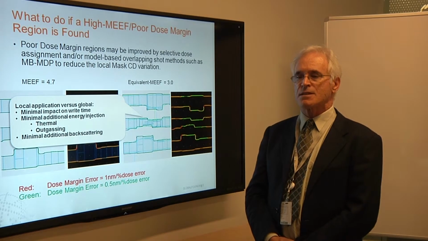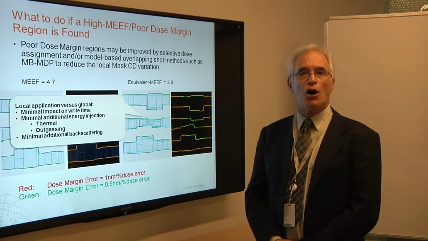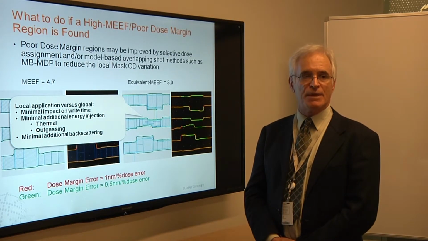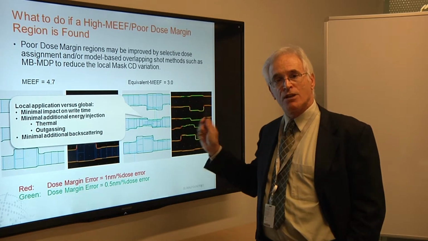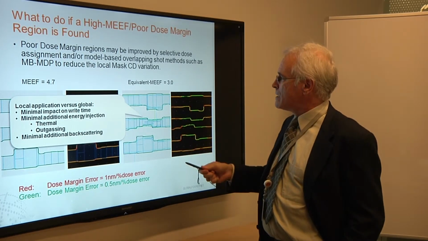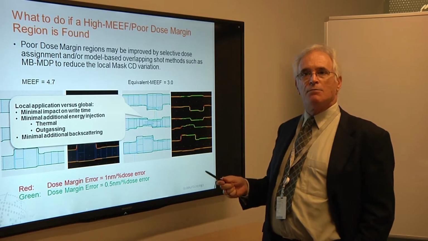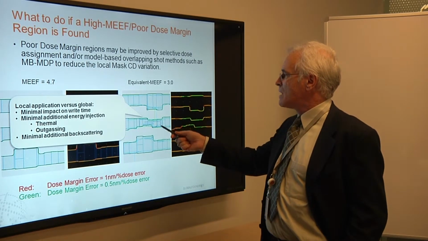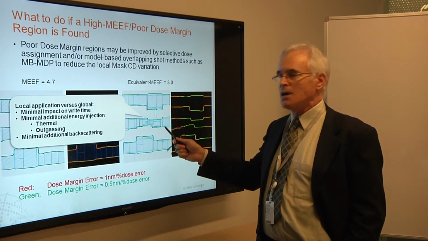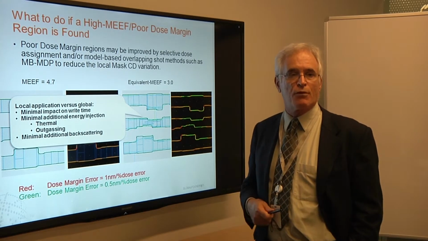The industry is determining exactly how that should be implemented, but this is one manner where we localize the mask process correction or mask process enhancement very locally through a minimal amount of effort, only where it's required.